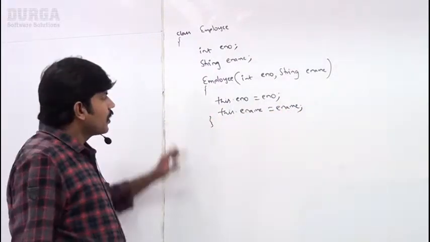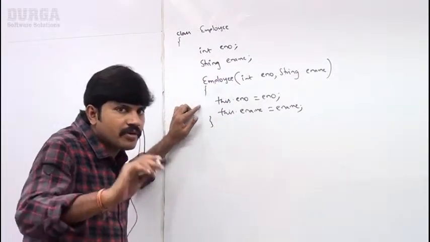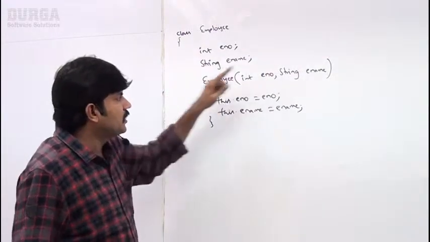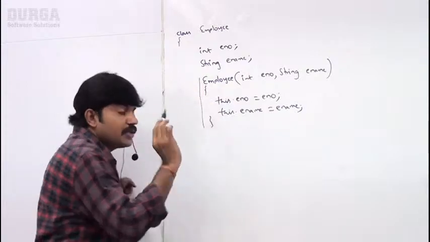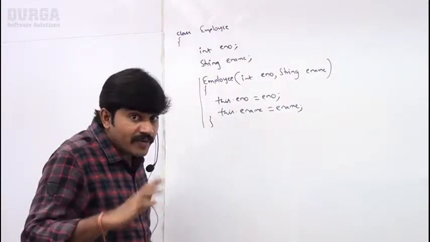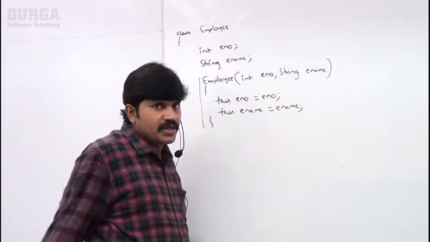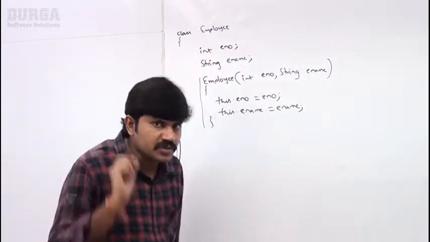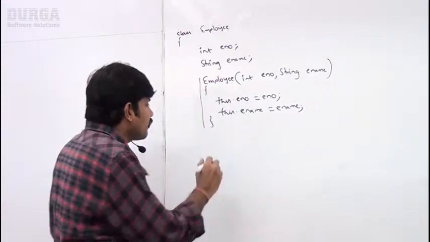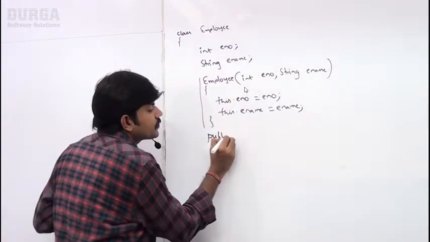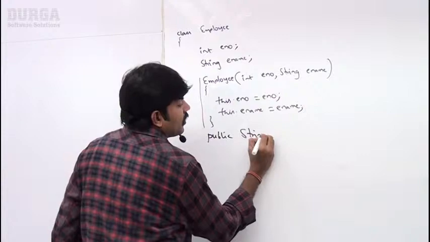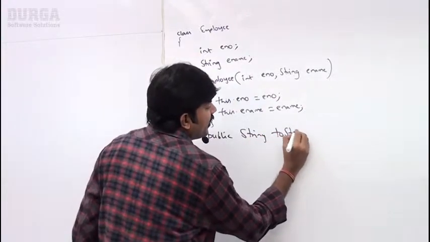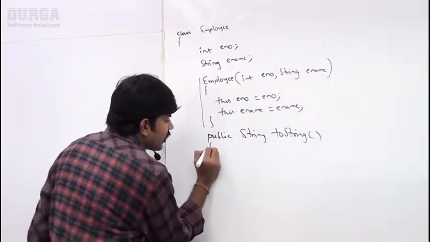This is the employee constructor. Whenever you create an object, this constructor executes to perform initialization. Whenever we print an employee object, for a meaningful string representation, let me override the toString method. Which method am I overriding? The toString method.